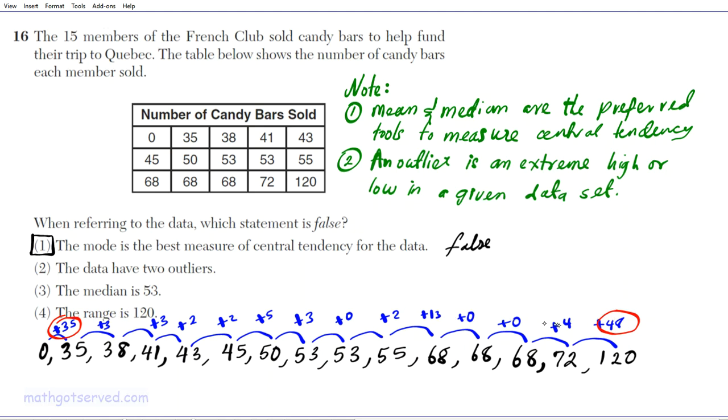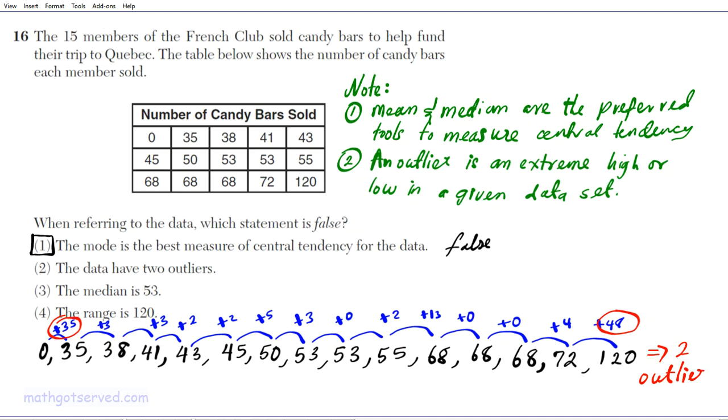Okay? So these two are the outliers. We have this 0 is an extreme low, and this 120 right here is an extreme high. Okay? So this setup basically indicates that there are two outliers in this data set.